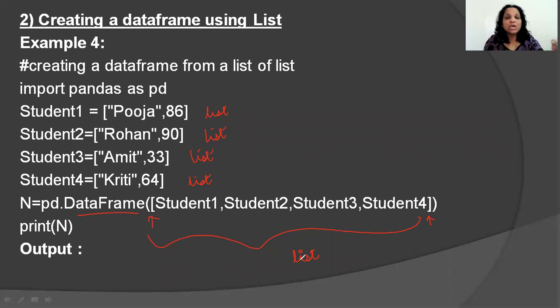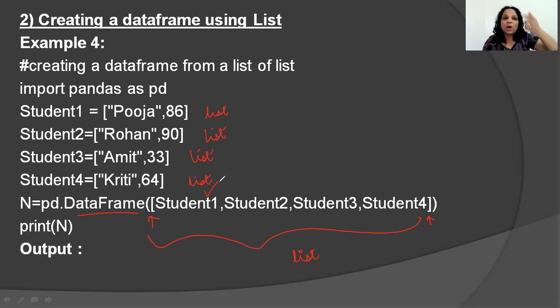And what did I say? When you provide a list to create a data frame, every element of the list becomes one row. Here, the first element of the list is student 1, which itself is a list. That is why the comment there says creating a data frame from a list of lists.